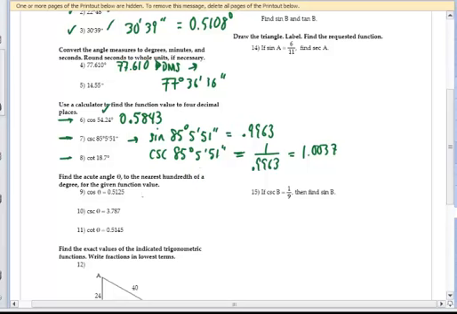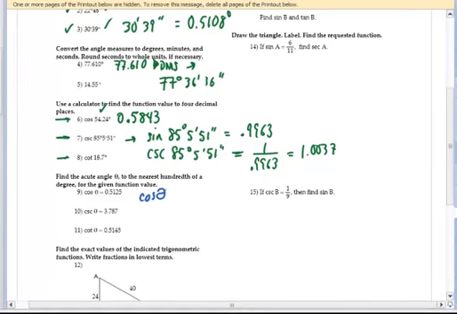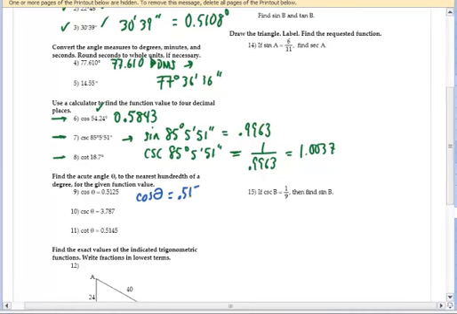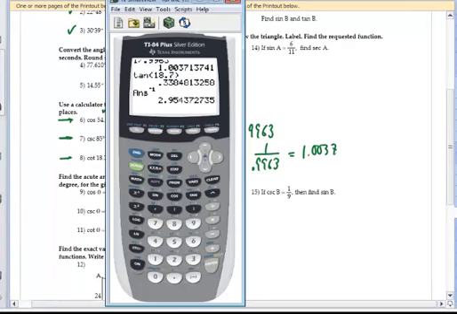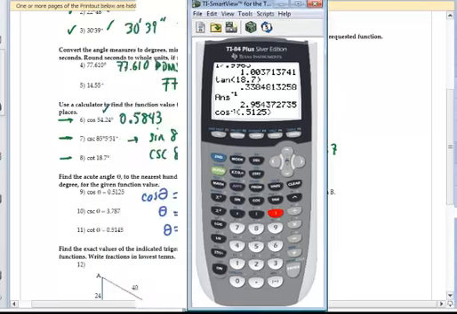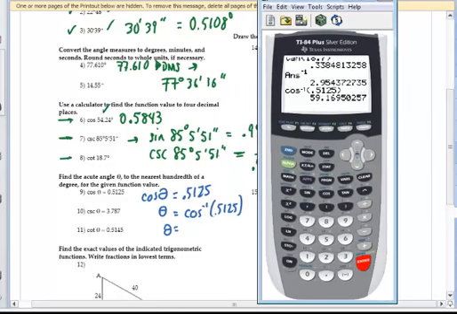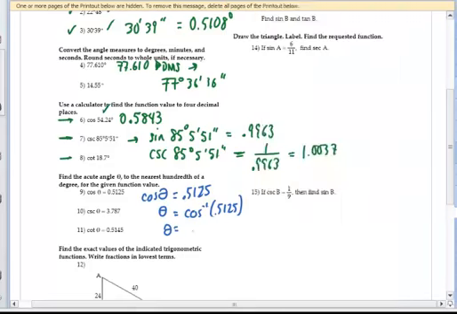To find theta if the cosine ratio of theta is equal to 0.5125, you can directly use inverse cosine of 0.5125, and that will tell you what the angle is. And that says that the angle is 59.2 degrees.